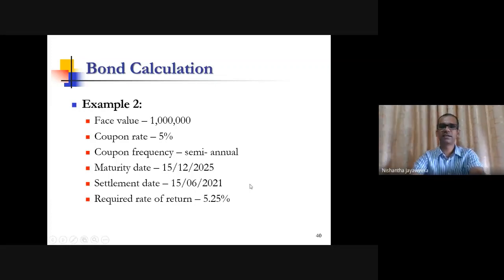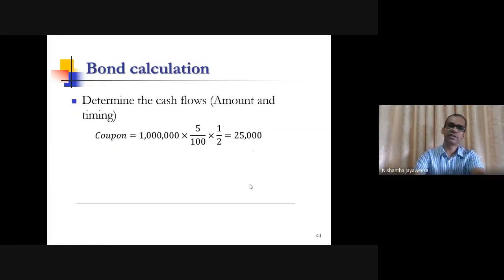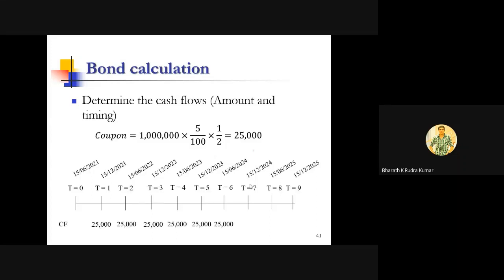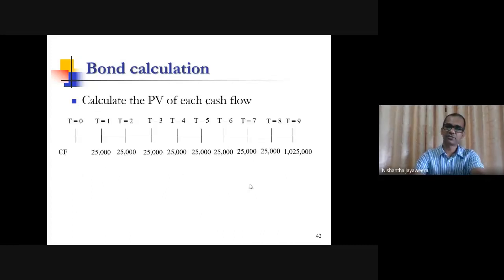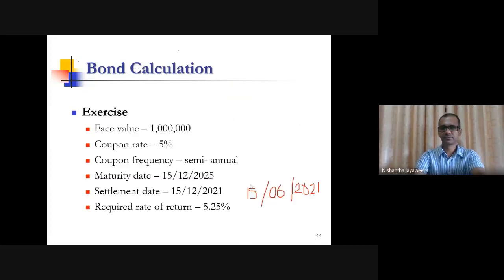That's why there are 9 cash flows. But in the exercise, you get only 8 cash flows. In example 1, you get 4 cash flows because it's annual. In the exercise, you get 8 cash flows because it's semi-annual. Is it clear? Yes, sir.